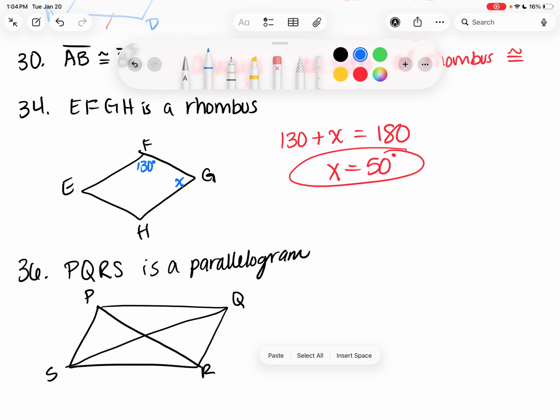And then they tell us that this piece is 2x and this piece is 10. And I'm solving for x. So what has to be true about those pieces there? X equals 10. Yep, because it bisects, so those two pieces have to be equal to each other. So 2x equals 10. So x equals 5.